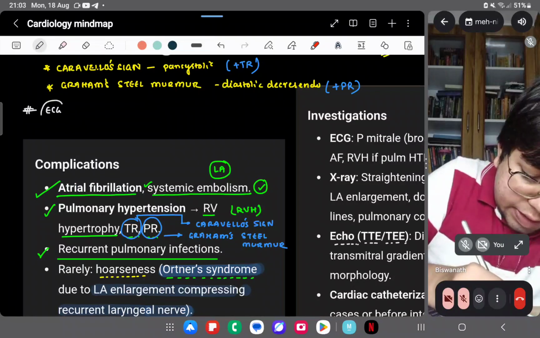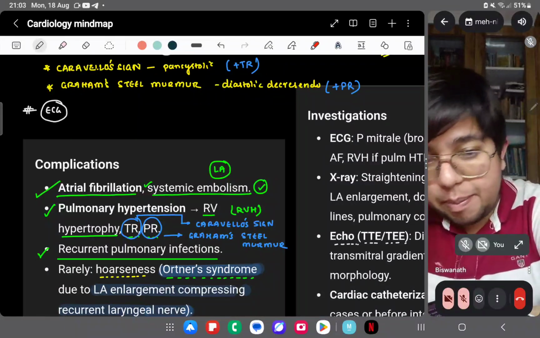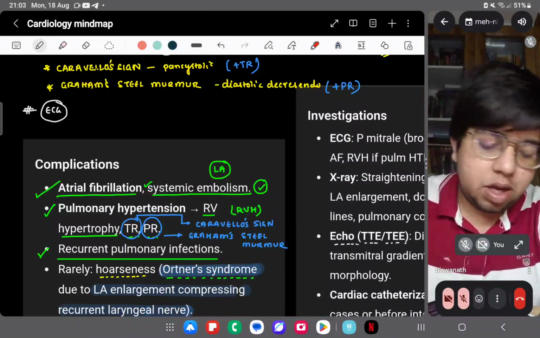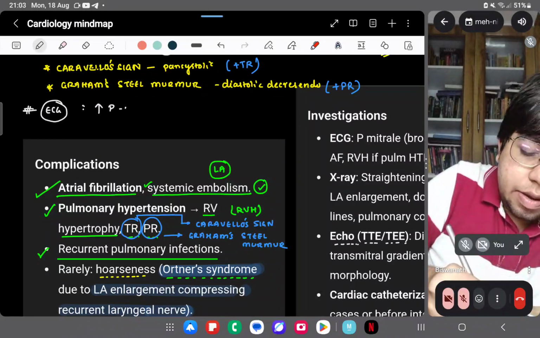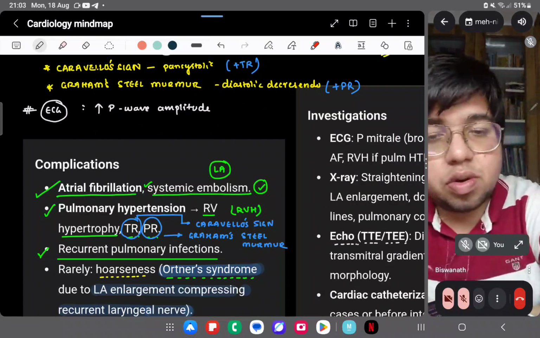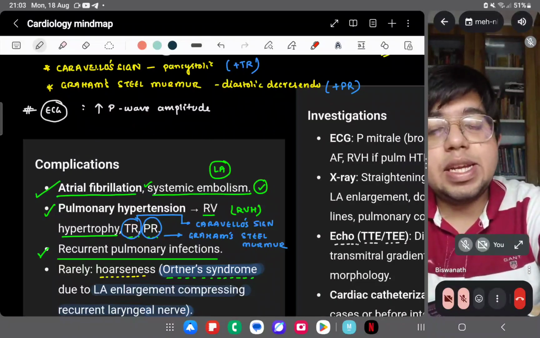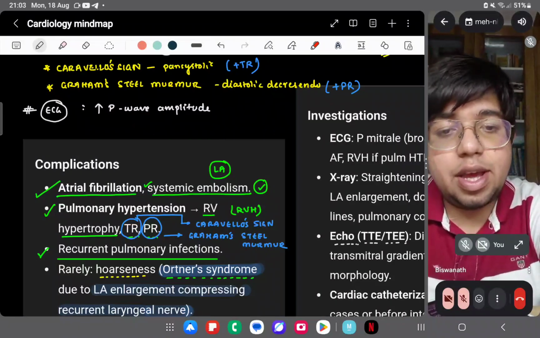ECG findings. There will be an increased P wave amplitude as there is a right atrial enlargement. If there is a left atrial enlargement, there is something called the P mitral.